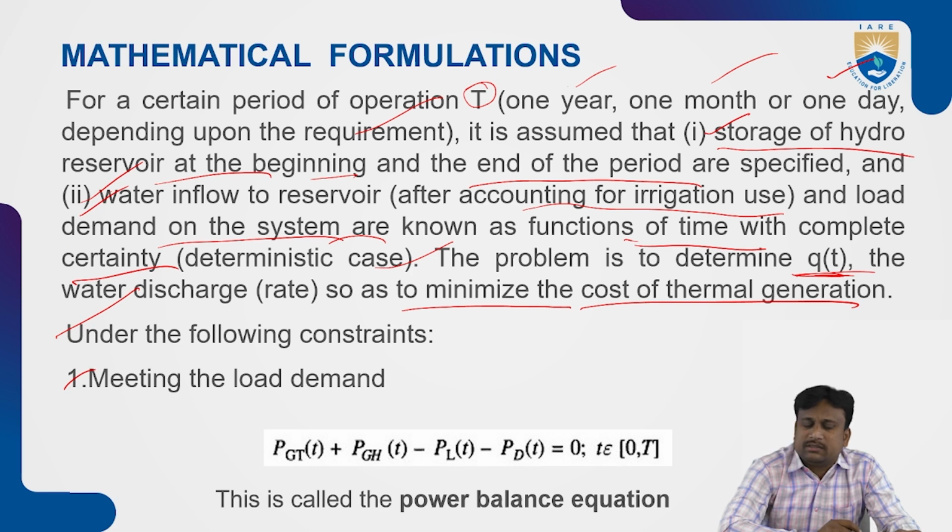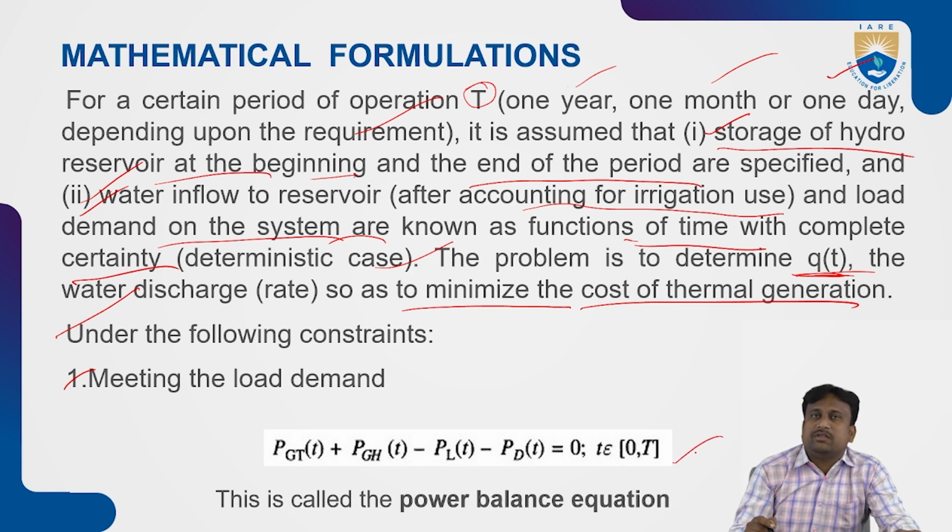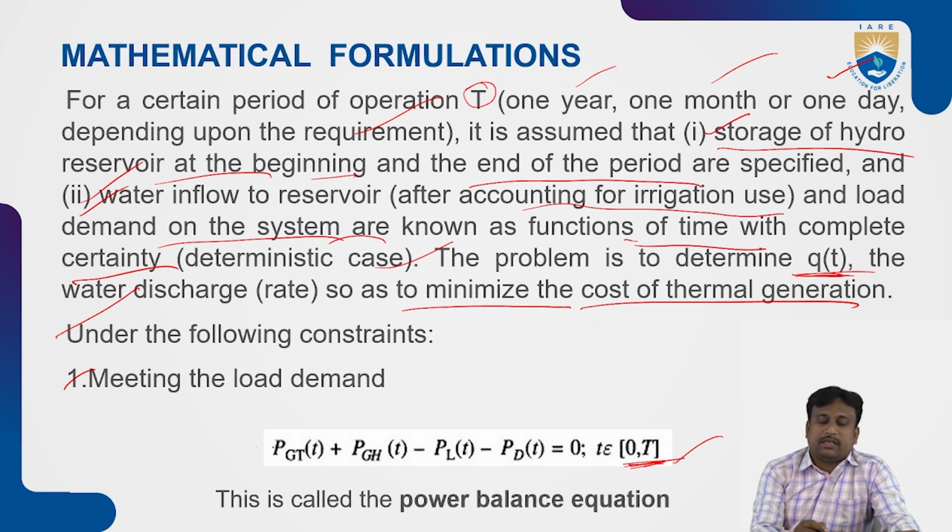Here is a simple expression which defines the load demand case: P suffix GT of t plus PGH as a function of t minus PL of t minus PD of t equals 0, for t from 0 to T. Under these time limits, the expression is defined.